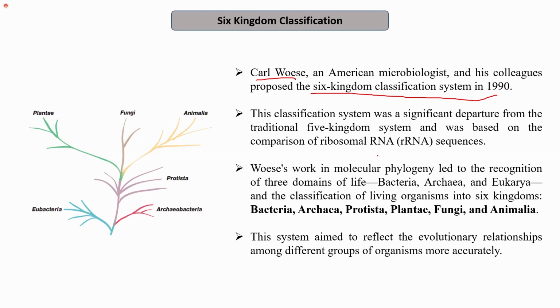So to compare the different organisms, Carl Woese basically used the comparison of the ribosomal RNA sequences, also known as the rRNA sequences. Based on the comparison of rRNA sequences, this classification system reflects the evolutionary relationship between the organisms, and based on that phylogenetic or evolutionary relationship, the organisms were placed into the different kingdoms.